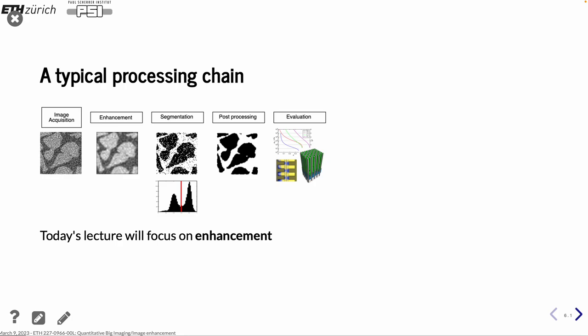In a typical image processing chain, you have your acquisition, then you do some enhancement, which is today's lecture, and then you do segmentation to identify different regions. And for that, you do some evaluation about the metrics you actually want to measure.